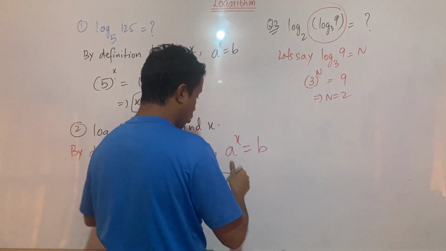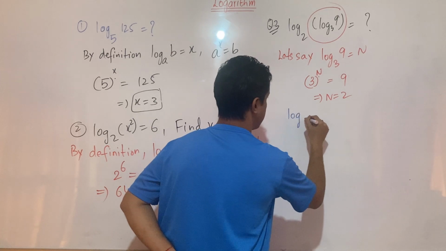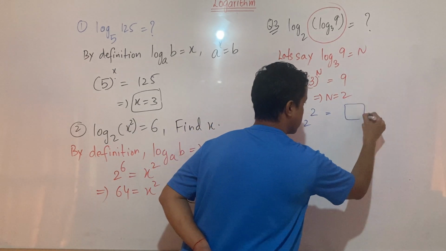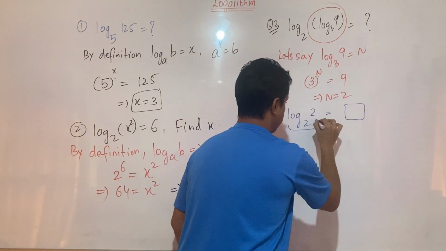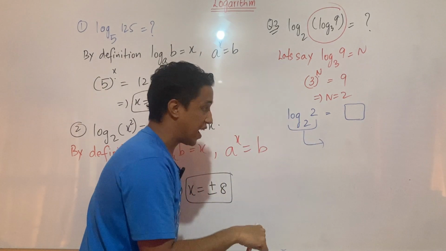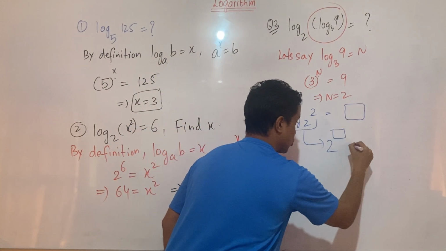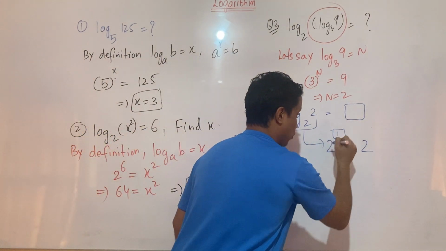So this whole thing will change to log of 2 to the base 2 equals what? Now, what does it mean? It means to what exponent this base 2 must be raised to get 2 as your answer. It should be 1.